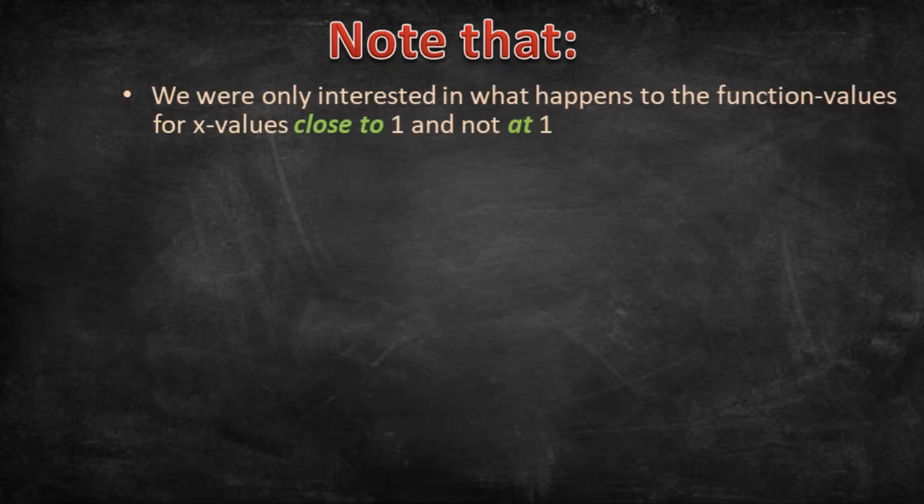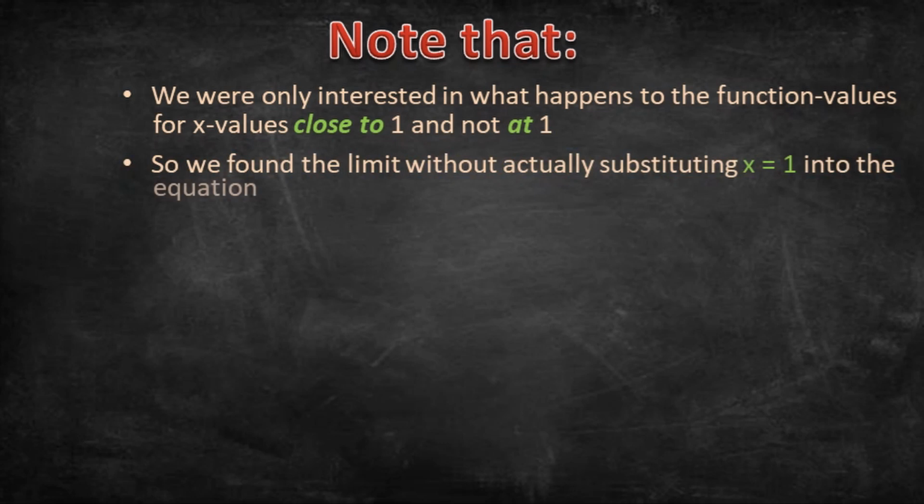A couple of important things to note about this example. Firstly, we were only interested in what happens to the function values for x values close to 1 and not at 1. We found the limit without actually substituting in x equal to 1.